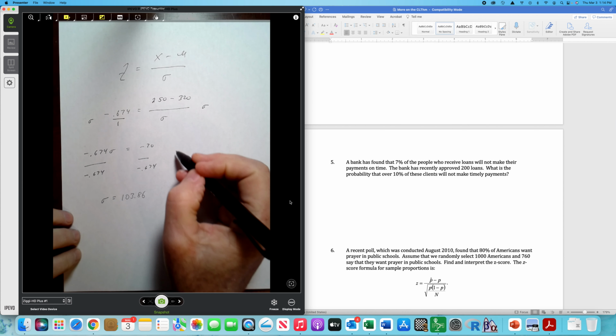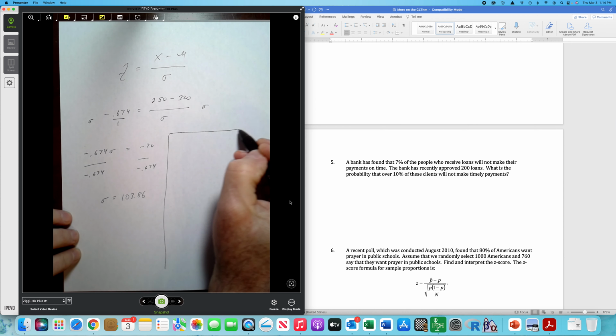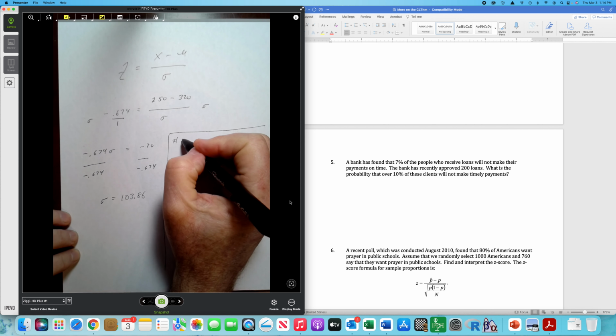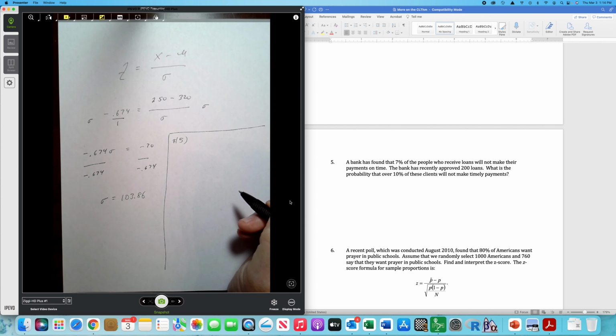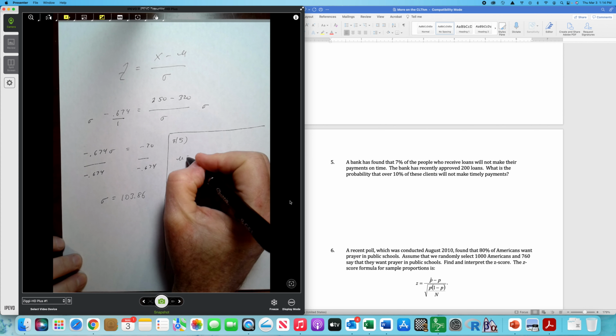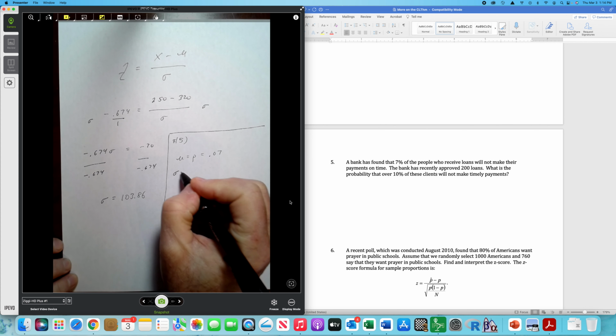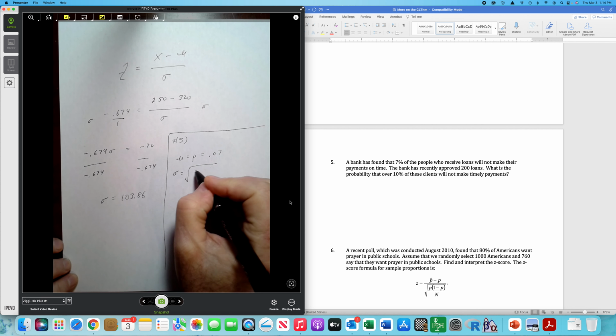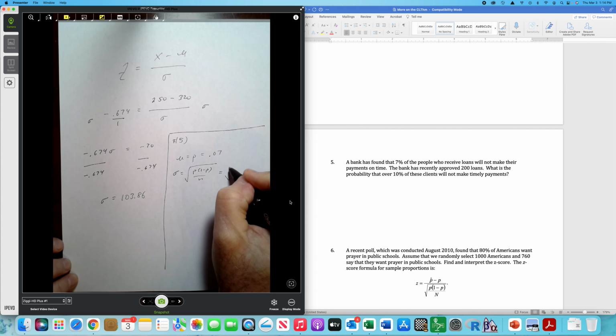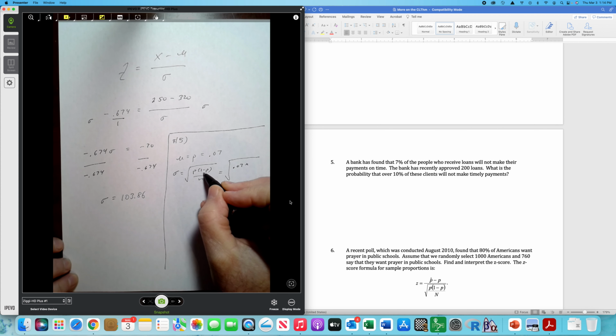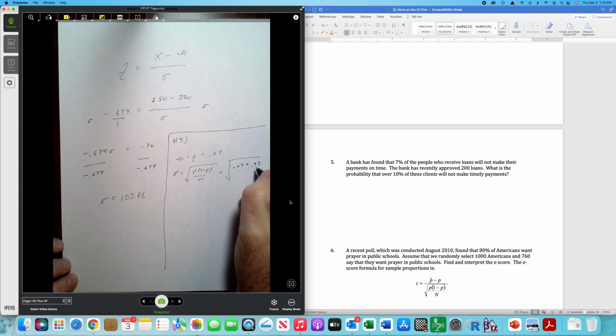So what do I know? So this is for number 5. I know that my mean is equal to P, which is equal to 0.07. I know my standard deviation is the square root of P times 1 minus P over N. So it's going to be the square root of P, 0.07, times 1 minus P, 1 minus 0.07 is 0.93, over N. And how many customers were there?